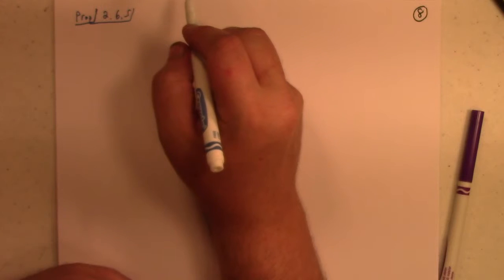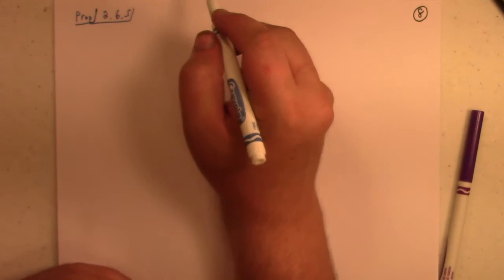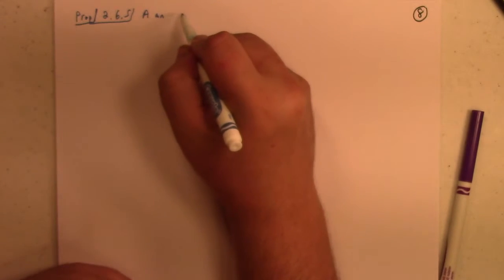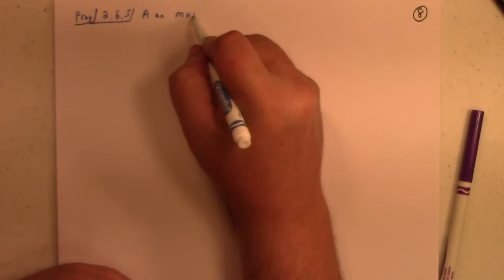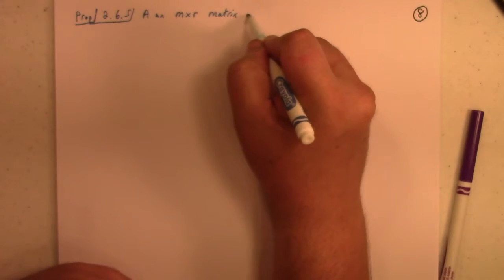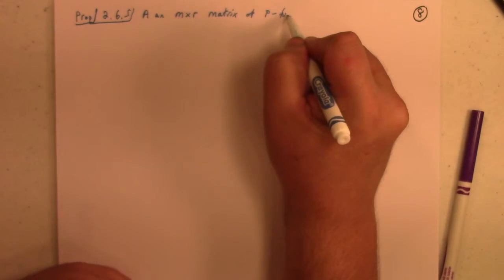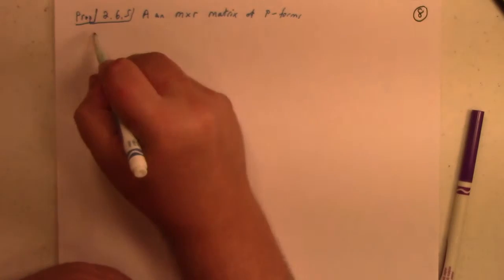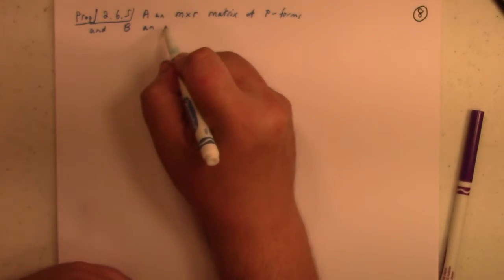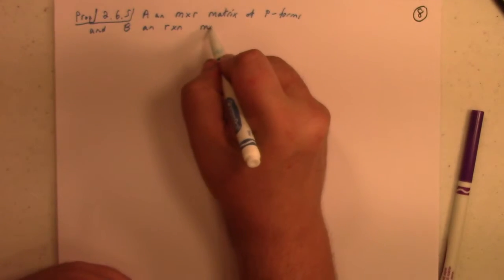If we have a pair of multipliable matrices, let's say A, an M by R matrix of P forms, and B, an R by N matrix of Q forms.